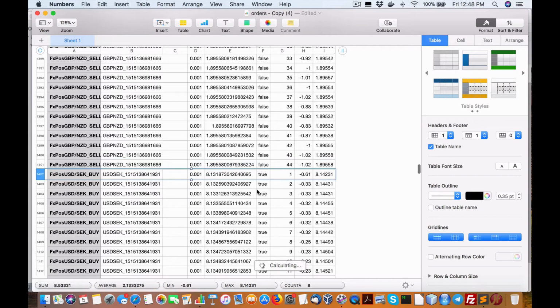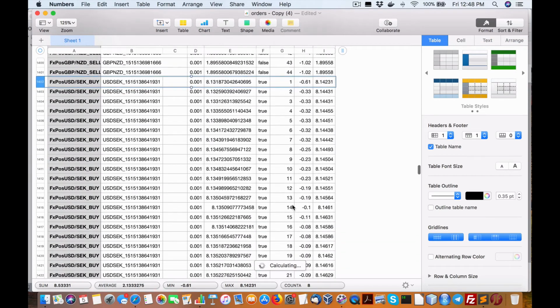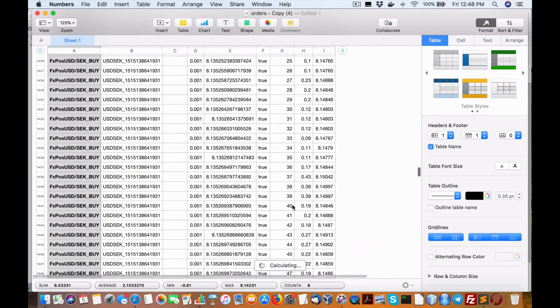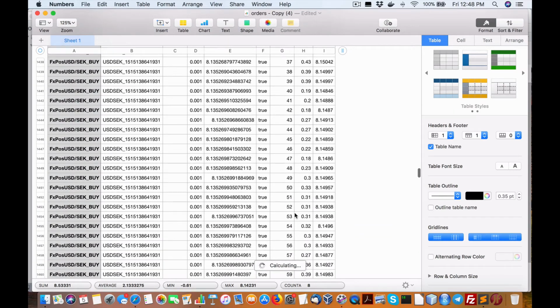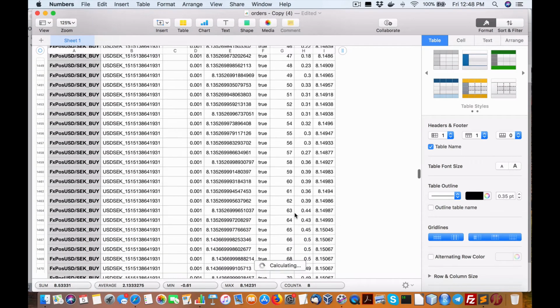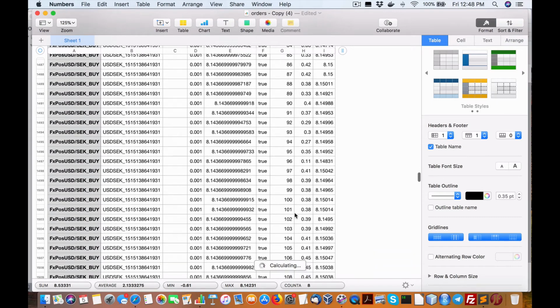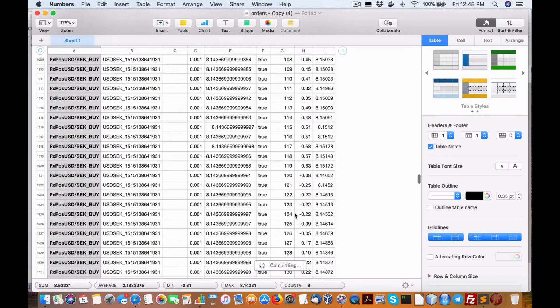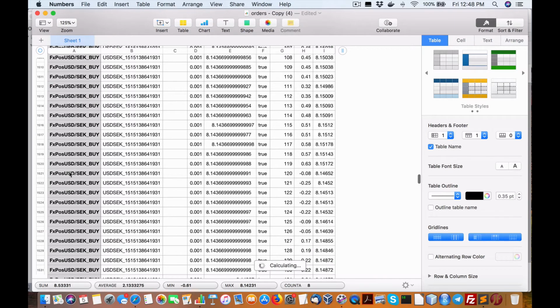Anyways, we got a buy on the US dollar and the Swedish kroner. So we want a long on the buy. What do we get up to? Buy, buy, buy. Not bad.